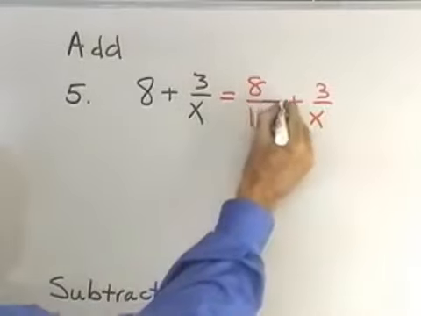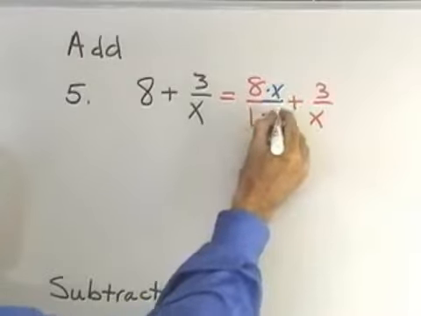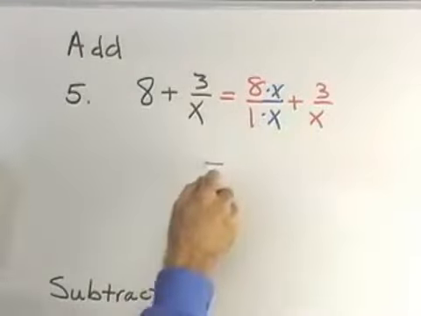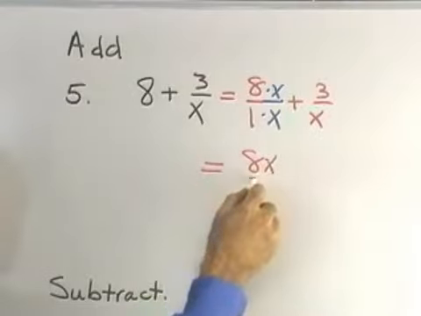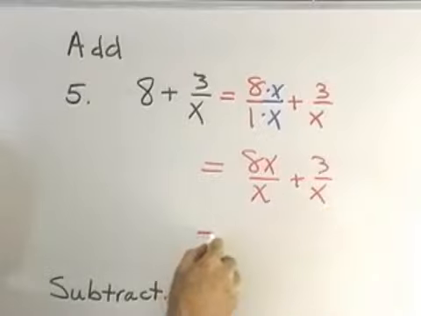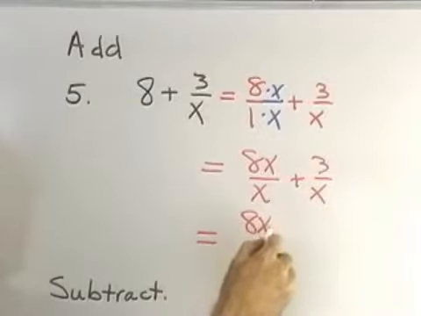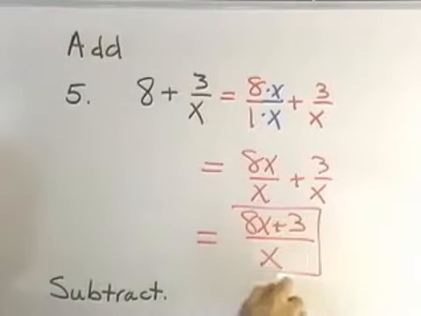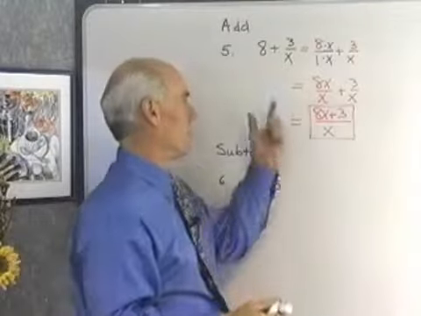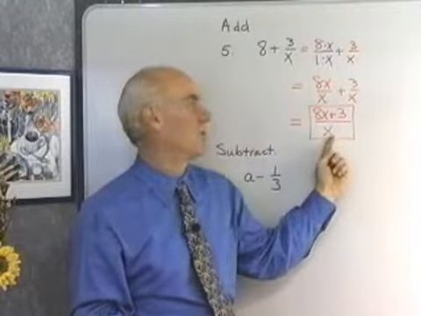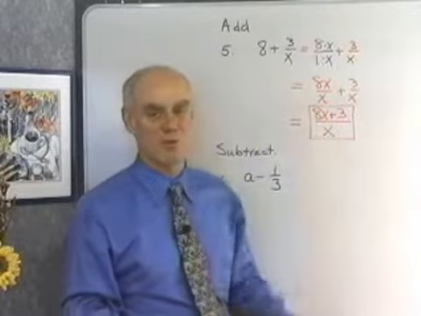So I need to multiply the numerator and denominator of this fraction by x. When I do that, I end up with 8x over x plus 3 over x. And that will be 8x plus 3 all divided by x. So it's not a mixed number actually, but the method that we use to add these two expressions right here is similar to what we did with mixed numbers.